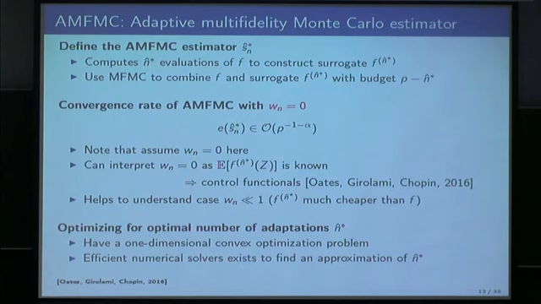And again, I want to emphasize that this is true only if the cost of evaluating the surrogate model is 0. We can interpret this in the sense that if this holds, then we more or less know the expected value of the surrogate model, and then this approach boils down to something similar to what has been considered by Mark Girolami and collaborators in his work on control functionals, where they also show rates similar to this.